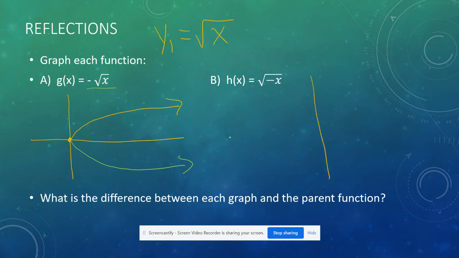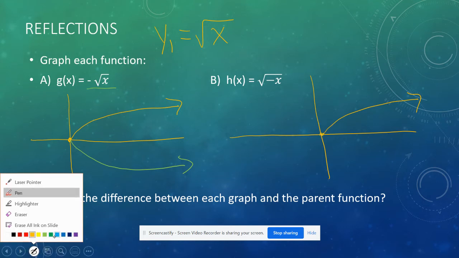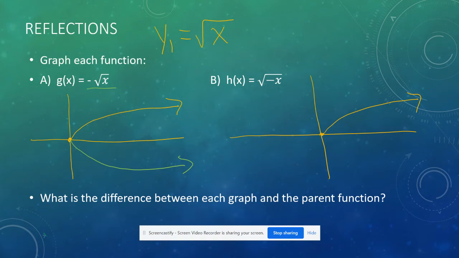If I look at the second one, here's my parent function, again in the gold. And let's do blue. Here is plugging in the negative underneath the radical.